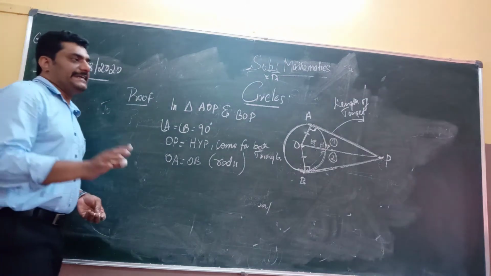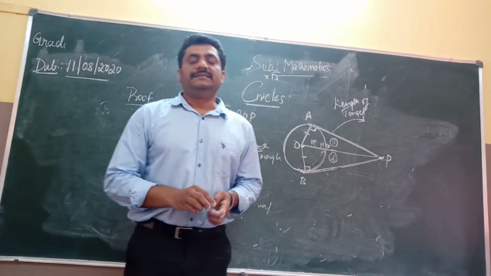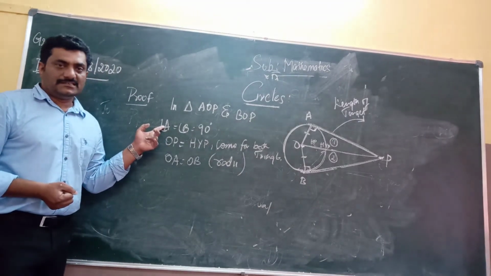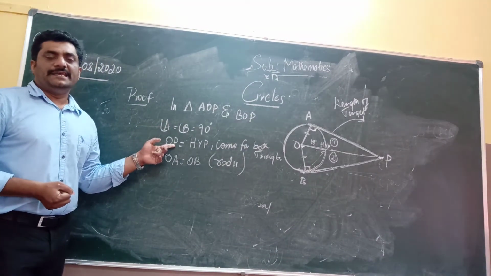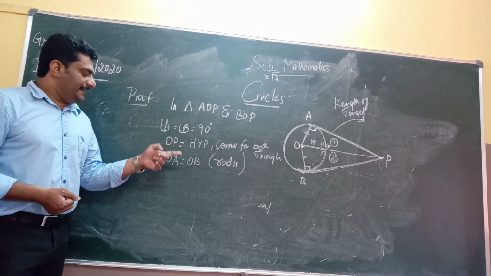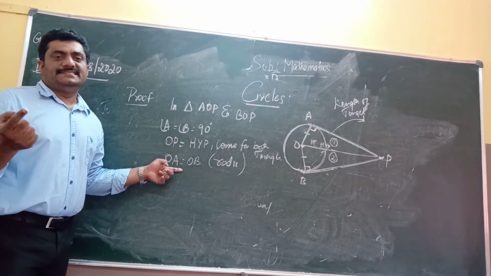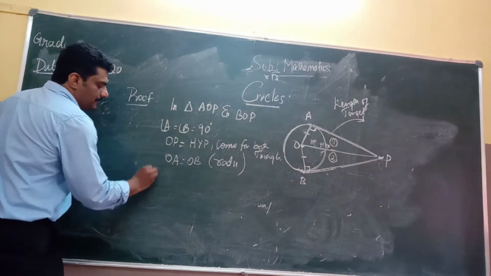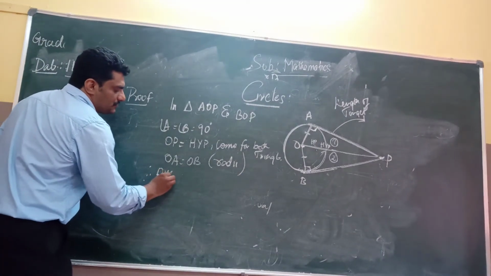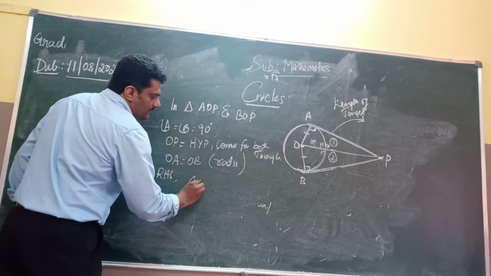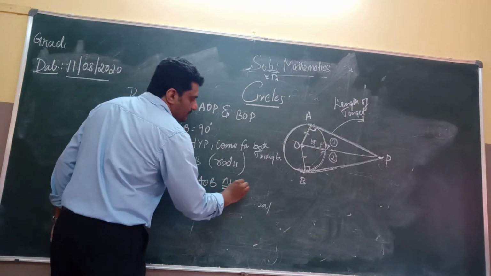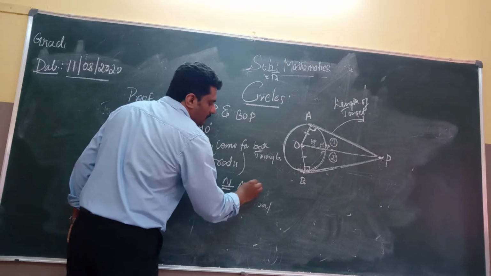Now what is the criteria for RHS? The criteria of RHS is it has to be a right angle triangle. It is a right angle triangle. Hypotenuse has to be equal. It is equal. And then one side has to be equal, which is OA and OB. Therefore, as per RHS, triangle AOP is congruent to triangle BOP.